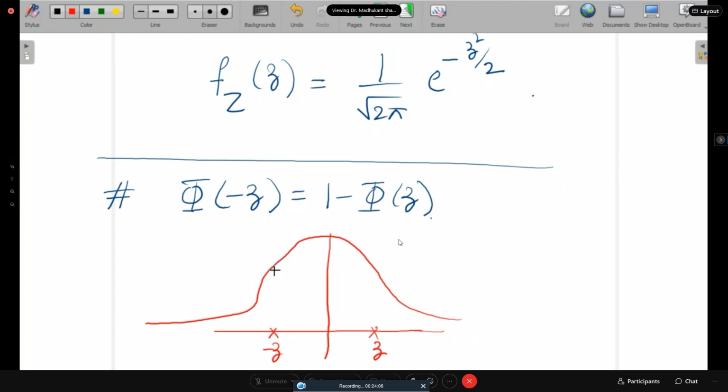Phi of minus z is the area covered from minus infinity to minus z. And phi of z is the area covered from the left, minus infinity to z. But the total area is 1.